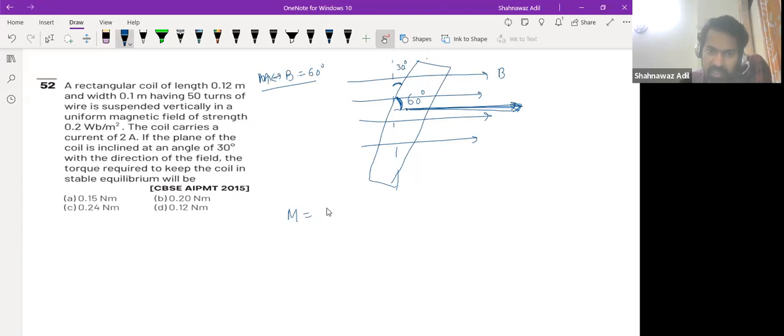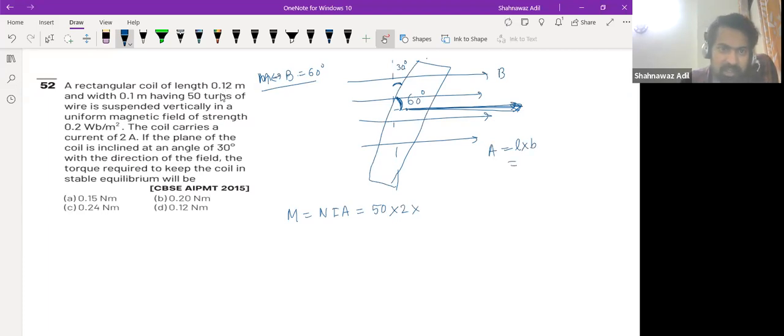That is N I A, right? So N, the number of turns, is given, and the amount of current is 2 ampere. And then we have the area. This is a rectangle, so that would be length into breadth.